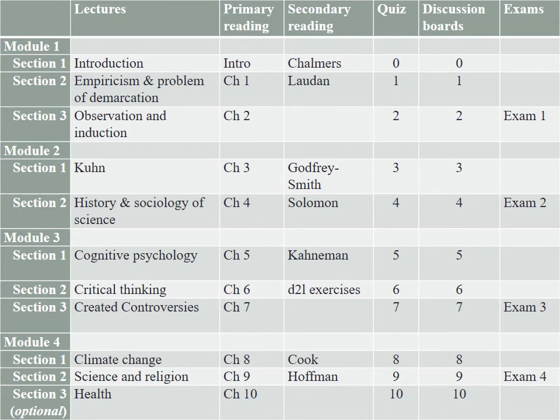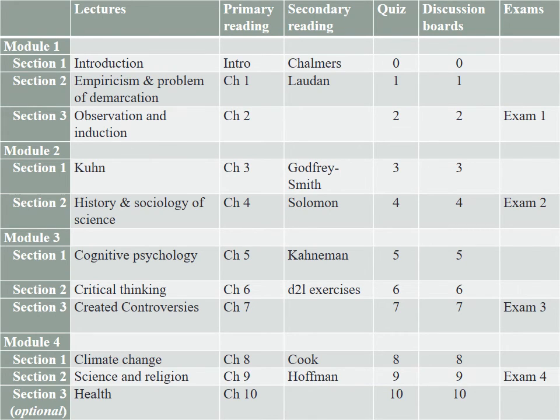Finally, what you see on this slide is that the quizzes and discussion boards associated with the different sections are numbered 0 through to 10. This ensures that the number of the quiz and the number of the discussion board aligns with the chapter number from the textbook.